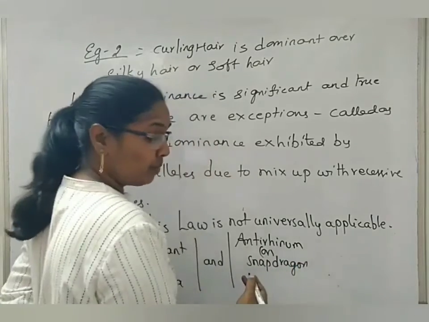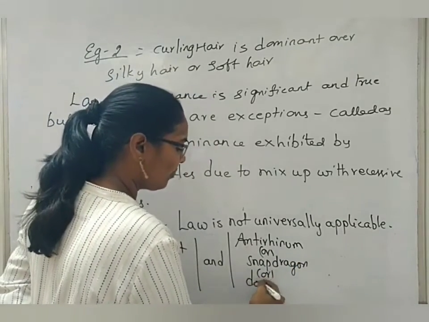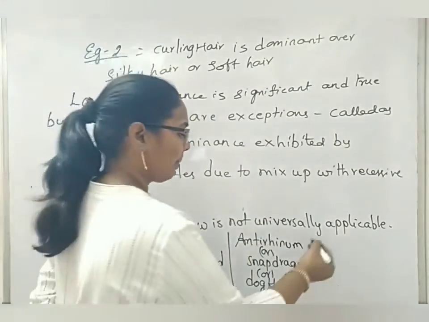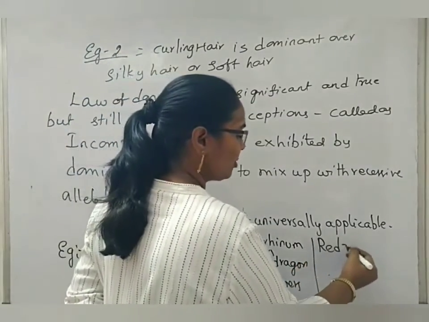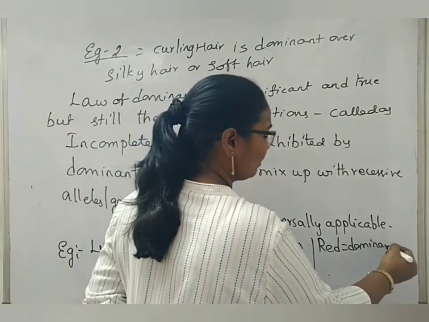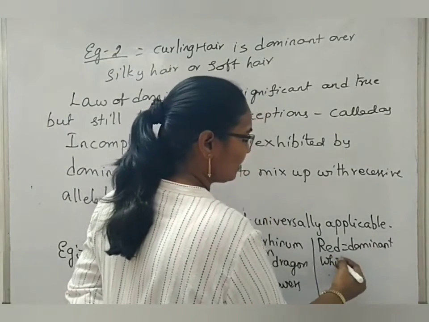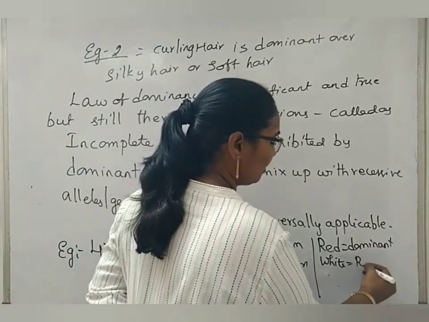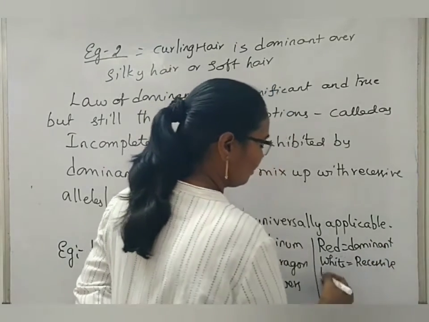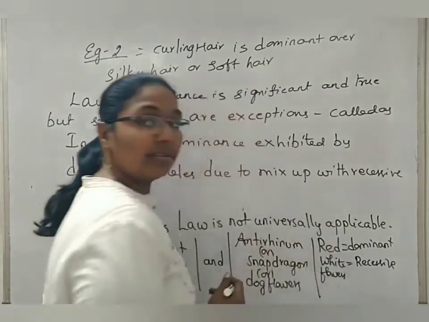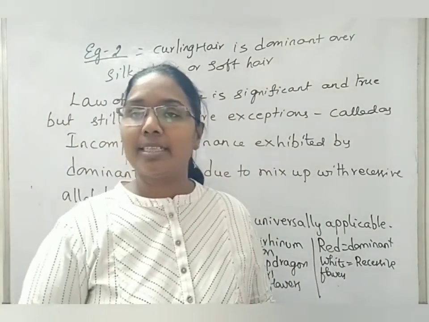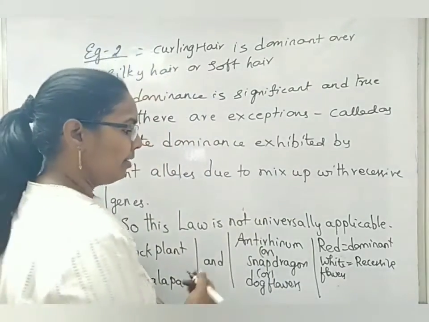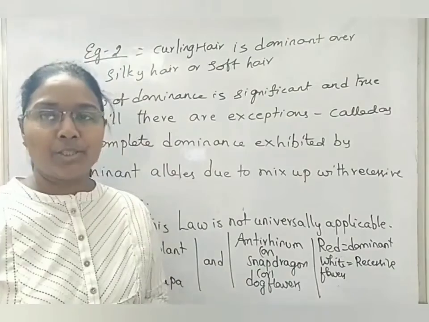This is given in your NCERT book also, and it is also called dog flower. In both of these plants, red color is dominant and white color is recessive. White flowers are recessive, but they showed a third intermediate color, called pink, in the F1 generation. This we will discuss in the next video.